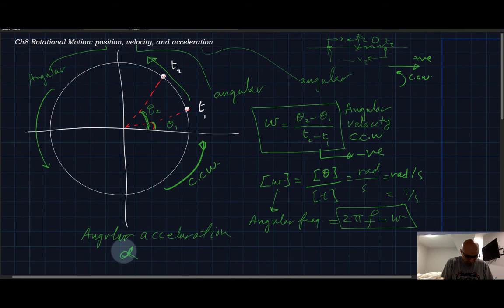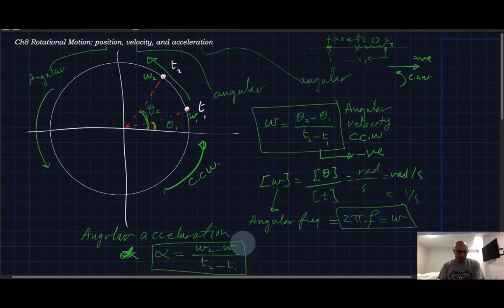So alpha is the angular acceleration. If the object here has an angular velocity omega 1 and it changed its velocity at position 2 at t2 to omega 2, then alpha is the change in the angular velocity, which is omega 2 minus omega 1 divided by t2 minus t1.